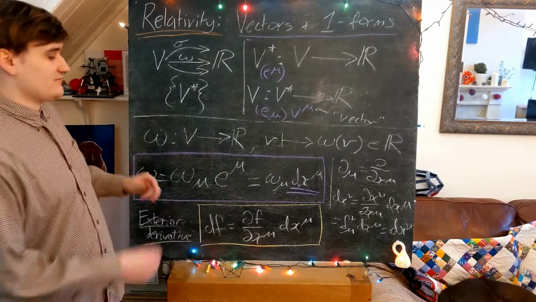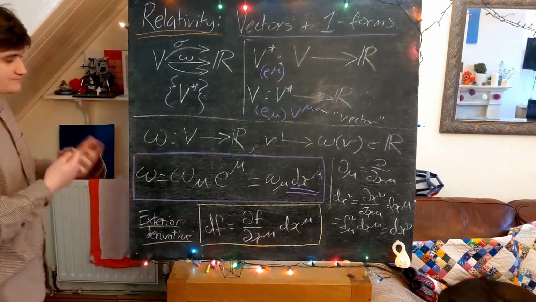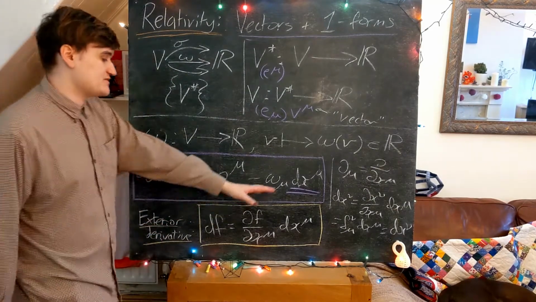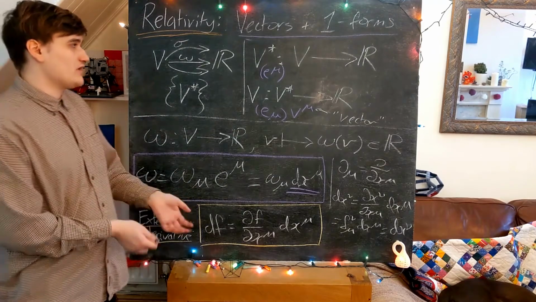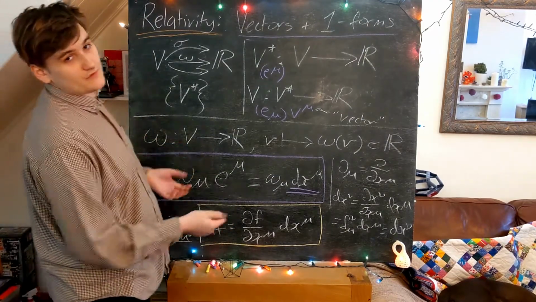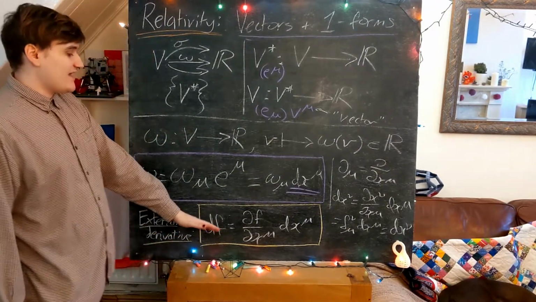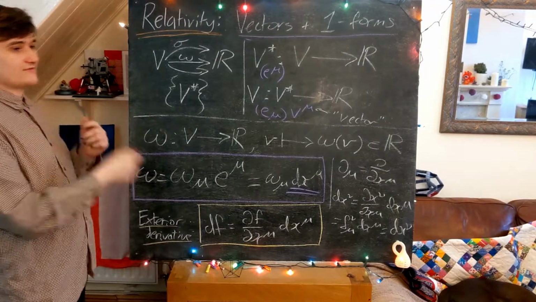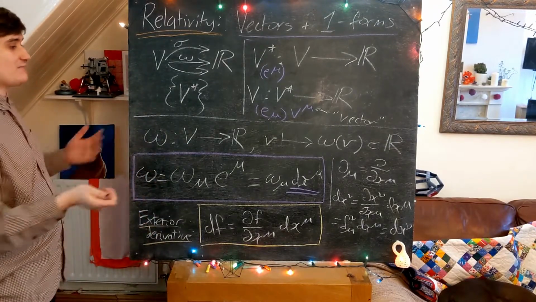It's the definition of the exterior derivative acting on a zero form, our coordinate functions, and it gives us this kind of object df. We're going to see a little bit more in the next video what df represents as a one form. What's essentially going to happen is that this df is going to have to be fed a vector in order to produce anything meaningful.